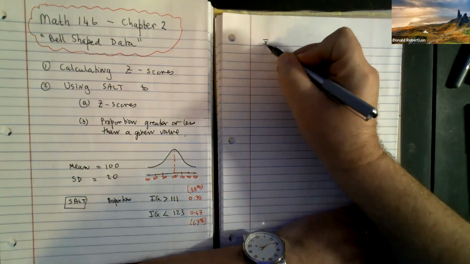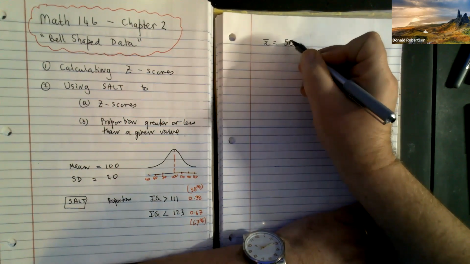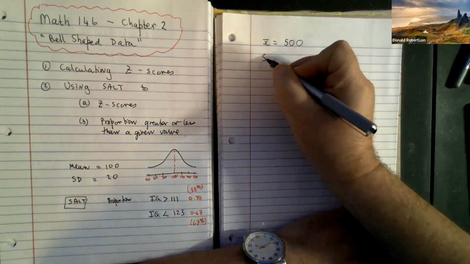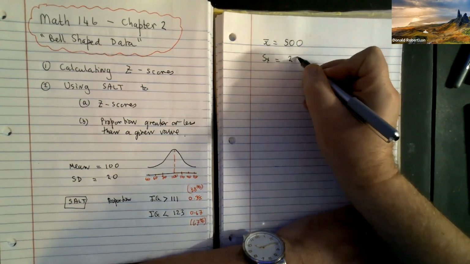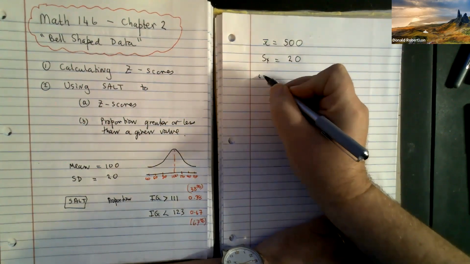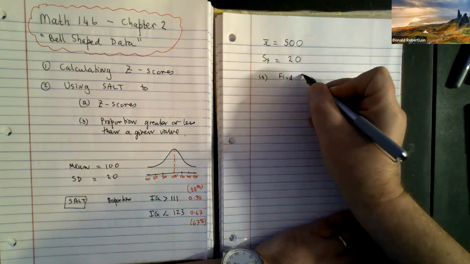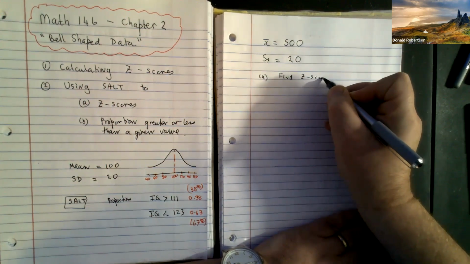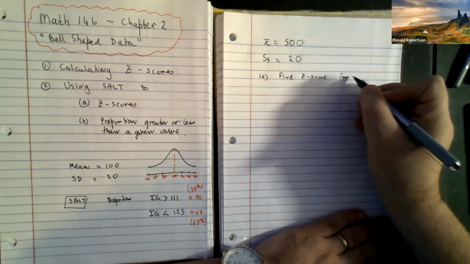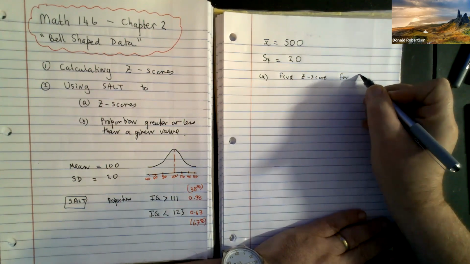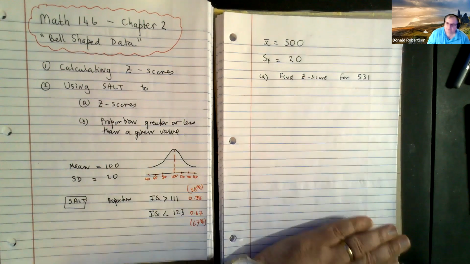So suppose I have a mean and it's 500 and the standard deviation is, say, 20. The first question might be, find the z-score for 531.